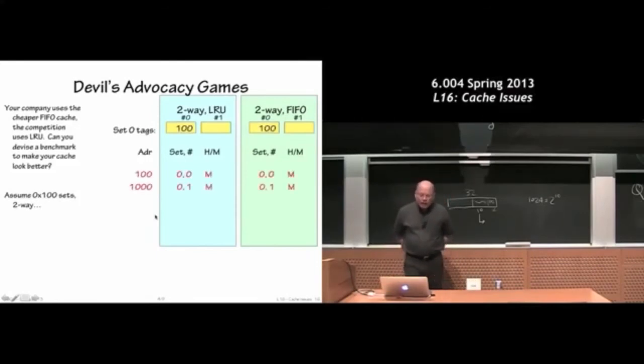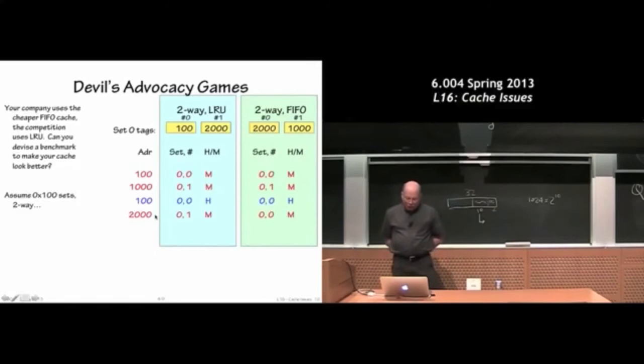For example, this little example is using an LRU versus a FIFO replacement strategy. What we're doing is looking at this sequence of addresses, and what we're trying to do is come up with a sequence of addresses that puts different items into the two different caches. So when you go home and think about this later, is this sequence of 4 addresses: in an LRU cache after the 4th access, this is what's in the cache, and in a FIFO cache, those are the 2 locations in the cache.